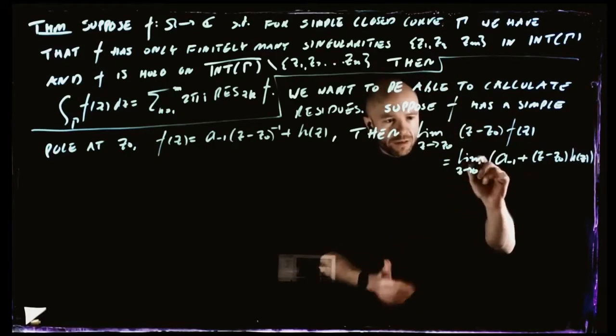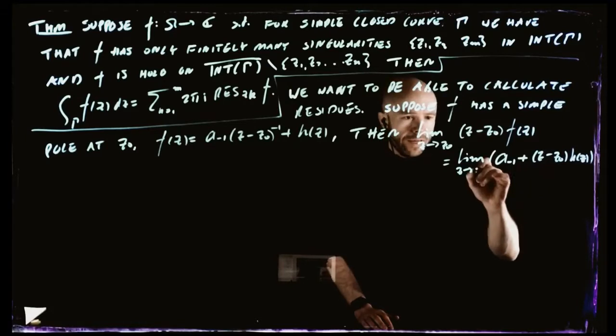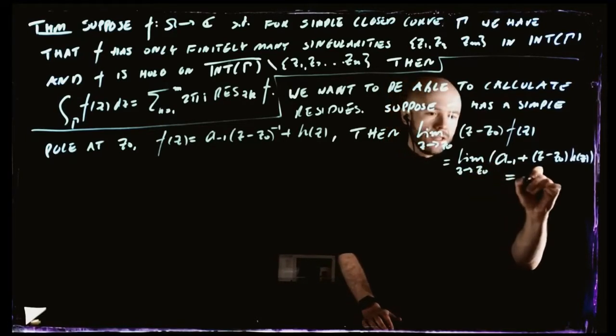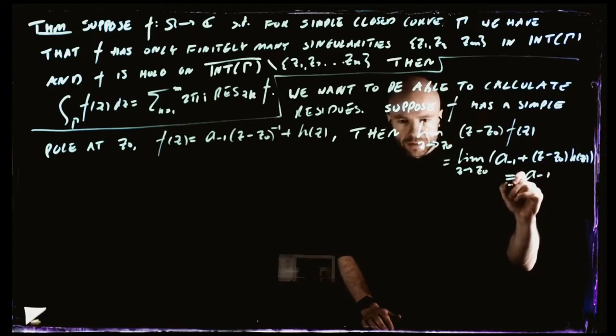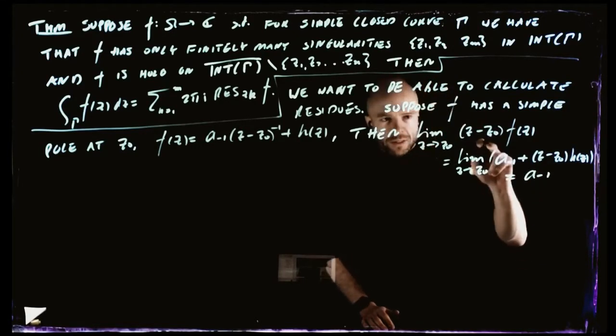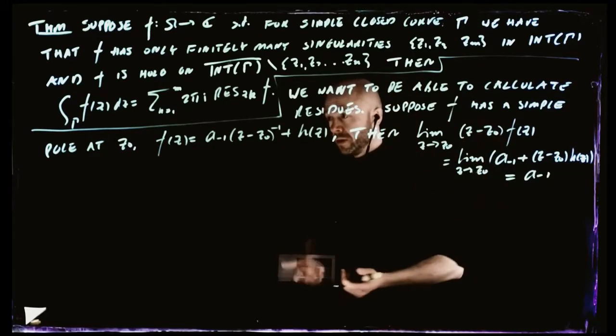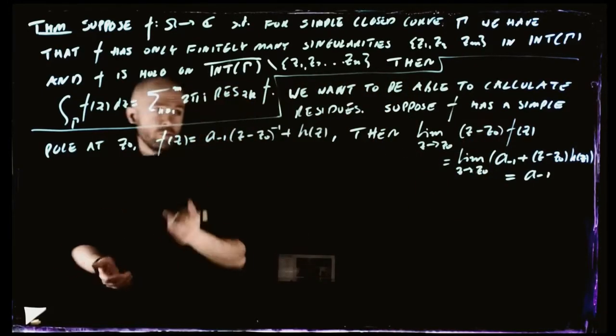It has a limit as z goes to z0. So this part here will just vanish. So that's just equal to a_{-1}, like this. Yeah? So this thing gives us the residue in the case we have a simple pole.